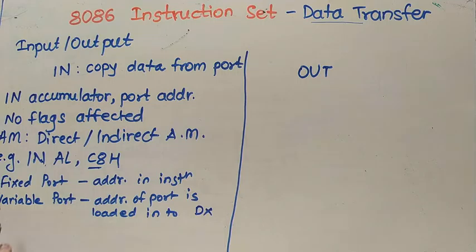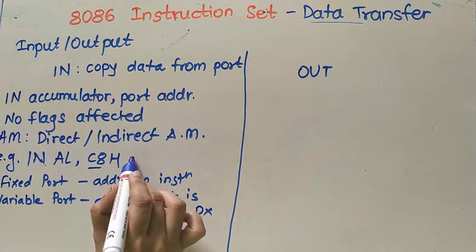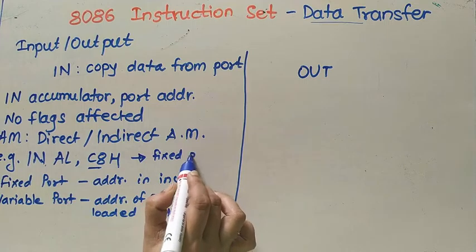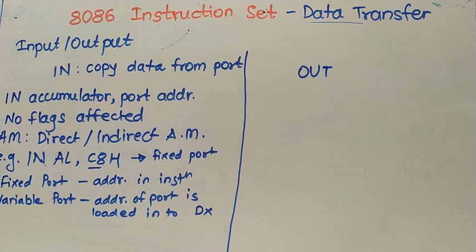Based on that, there are 2 formats for the IN instruction: fixed port and variable port. So, this example is a fixed port example, because here the address of the port is specified in the instruction itself.